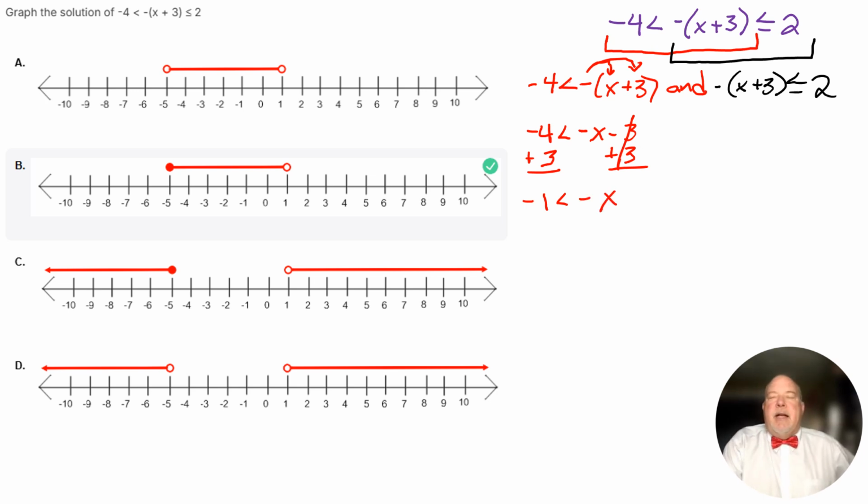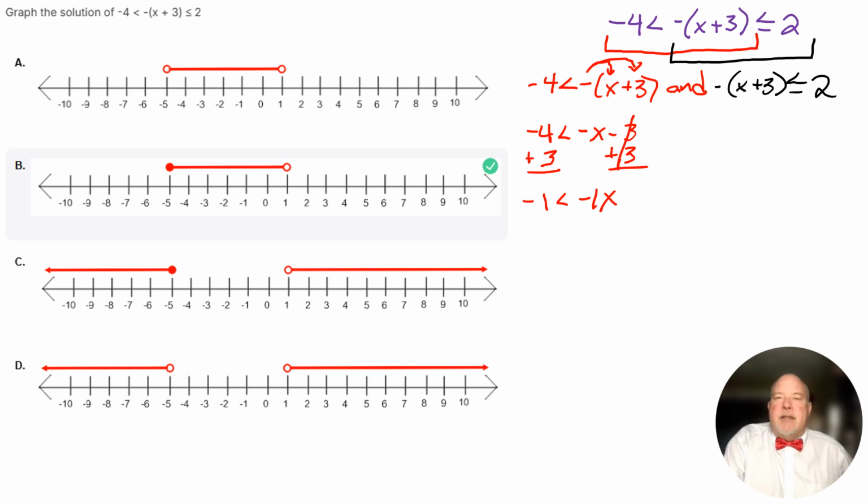And now right here, you've got to be careful. I told you this is pretty much like solving an equation. One of the differences is when you're solving an inequality, if the variable is being multiplied or divided by a negative, then you have to flip the direction of the inequality. The x here is actually being multiplied by -1, so I'm going to have to change the direction of the inequality. Let me show you what I mean.